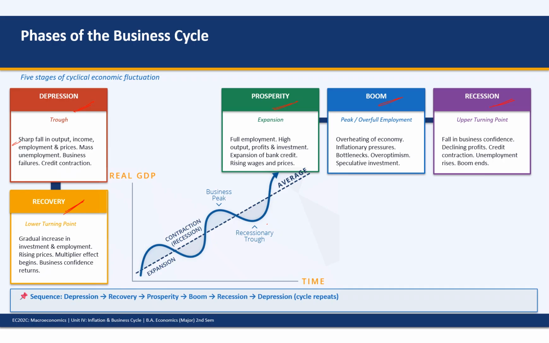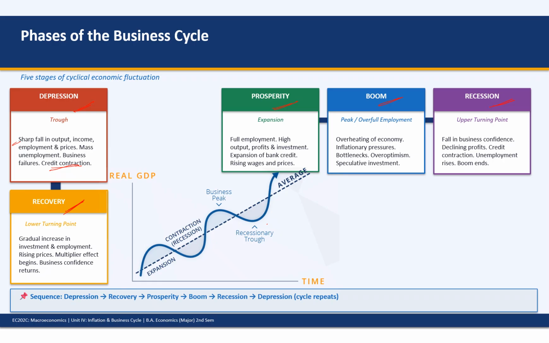Business confidence becomes weak, so firms do not want to invest or borrow. Credit also contracts because banks become more cautious and traders avoid taking any risk. This is the most difficult phase of the economy because demand is weak and profits vanish. In short, depression means widespread unemployment, low output, and pessimism, that is, negativity all around.